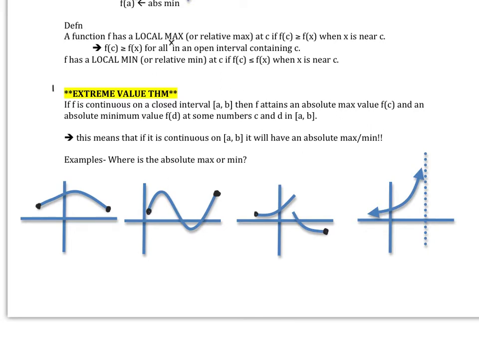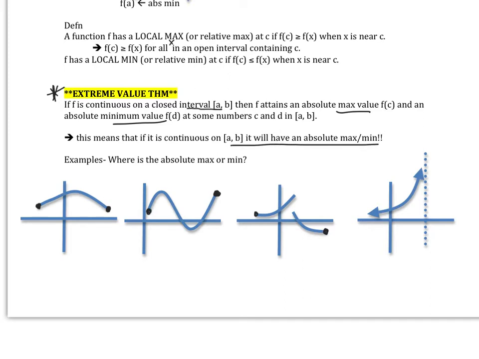That's what the extreme value theorem is telling me. Whether it occurs in the curve itself or at the endpoints, you will have one. So if it's continuous on [a, b], it will have an absolute maximum and absolute minimum.